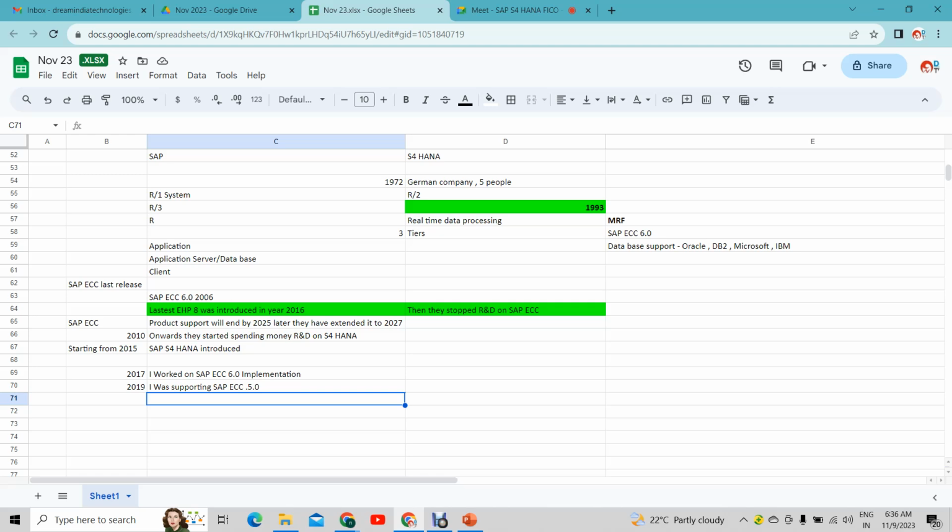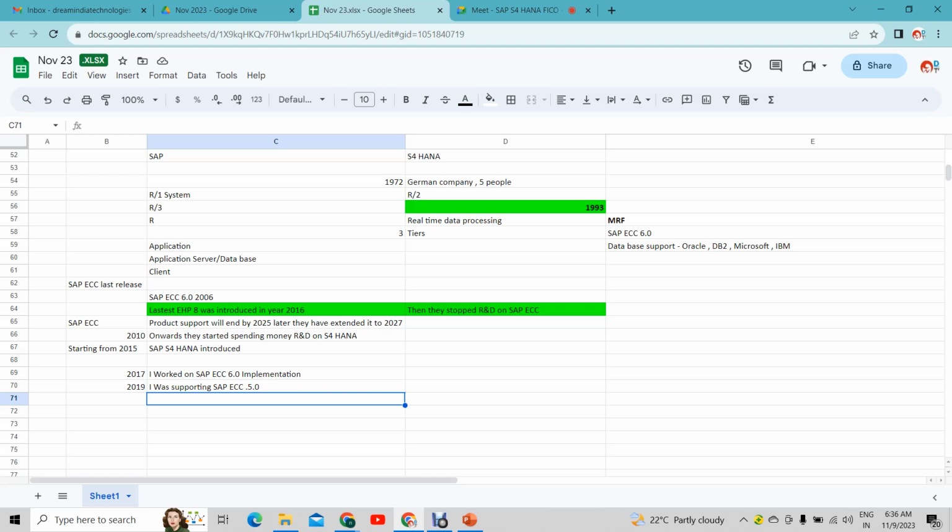Okay, now I'm in 2019. I said in my resume I was working on an SAP ECC support project, which is 5.0. Is it a right statement or wrong statement? Right. Any other answers? You guys have to tell me right or wrong.